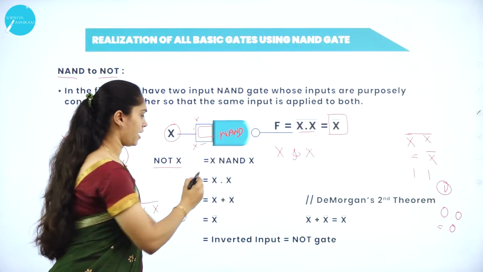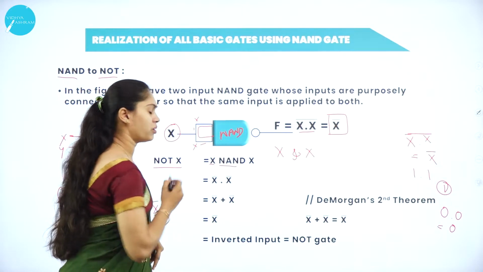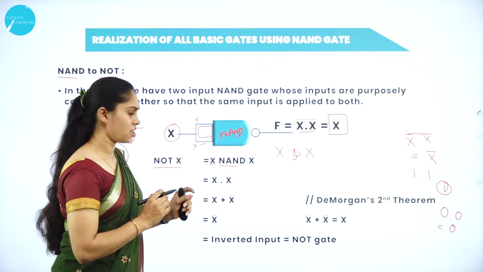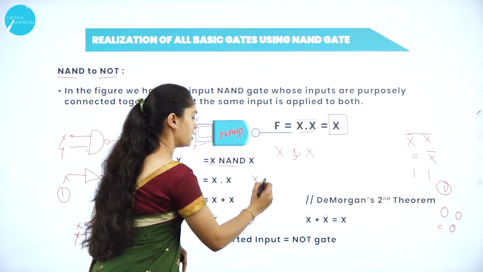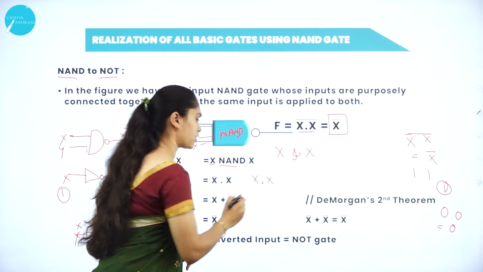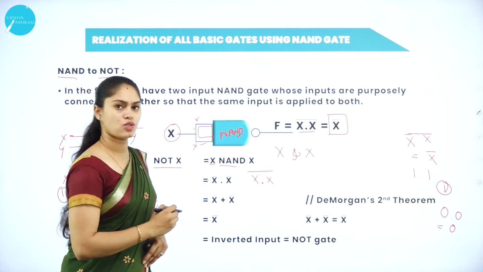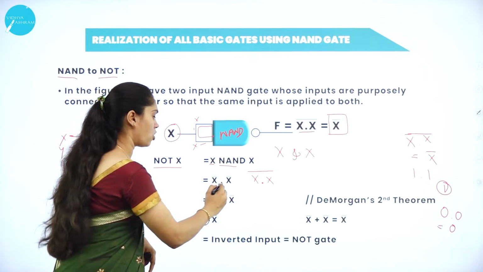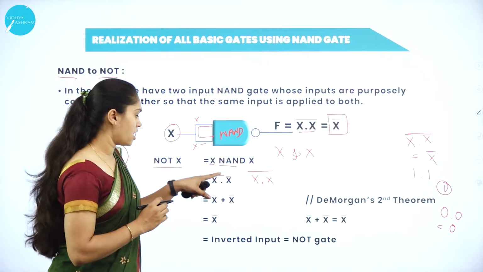Which operation am I performing? NAND, with one more input called x. So here x NAND x. How do we represent the NAND? That is a product, and NAND in the sense it has a complement. So it becomes x dot x whole bar.